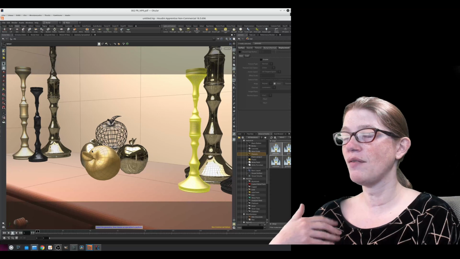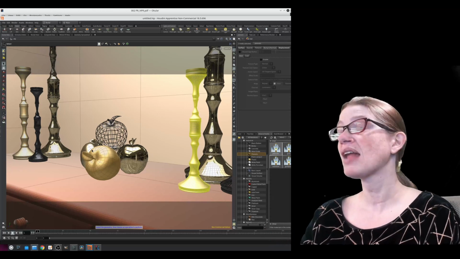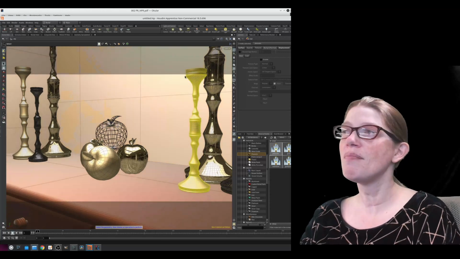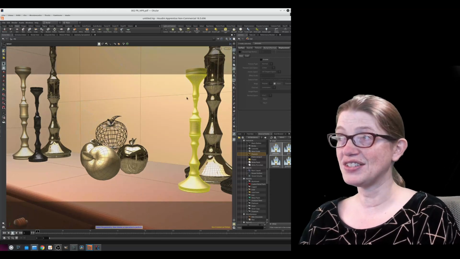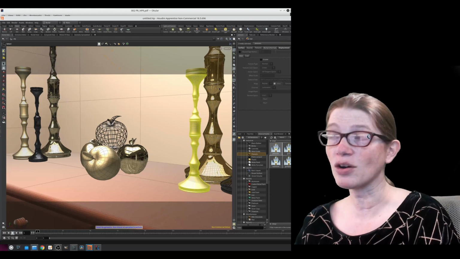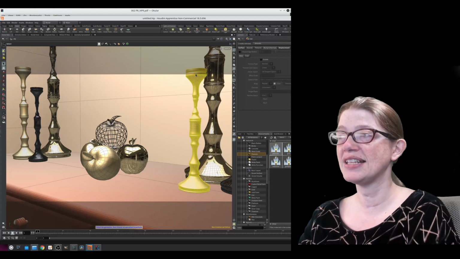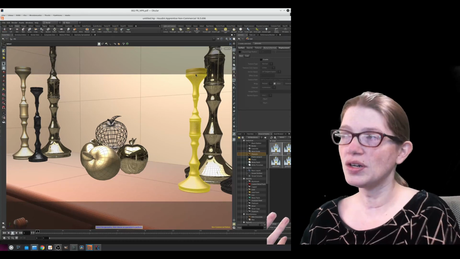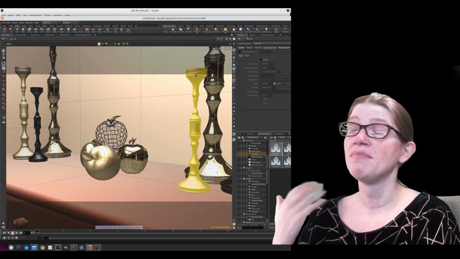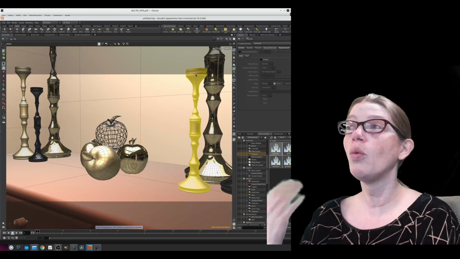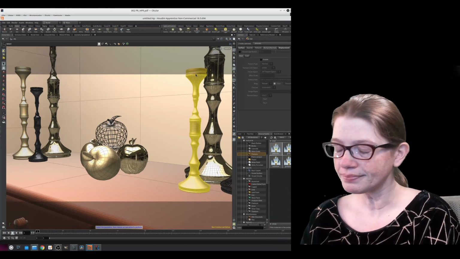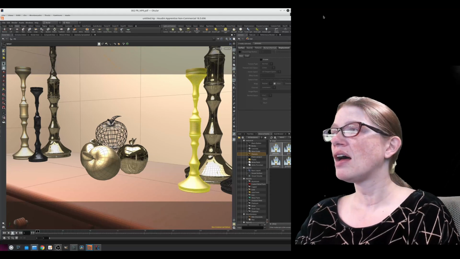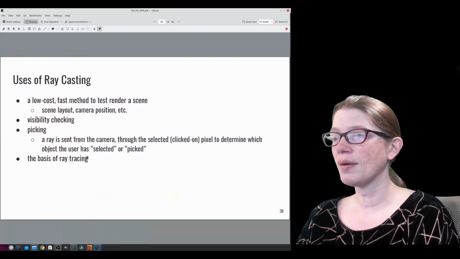You can do that, for example, if you're in a video game and you mouse over something. How do you know that you have moused over the candlestick that is in the background as opposed to the candlestick that's in the foreground? The answer is because we're sending a ray to ask, what object did you actually intersect? That's one mechanism by which you can achieve that. So it's a very important algorithm.